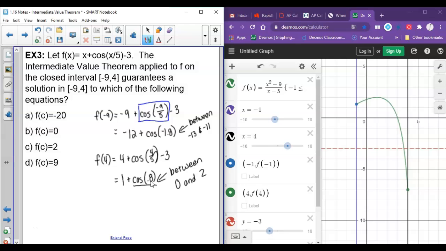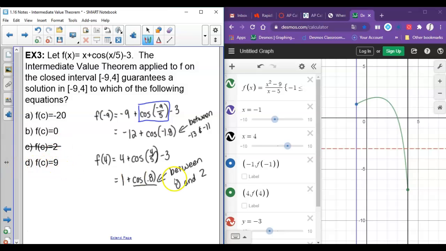Actually, cosine of pi would be -1, so it'd have to be cosine of 0. So here, 2 is going to be out because it cannot actually equal 2 exactly.